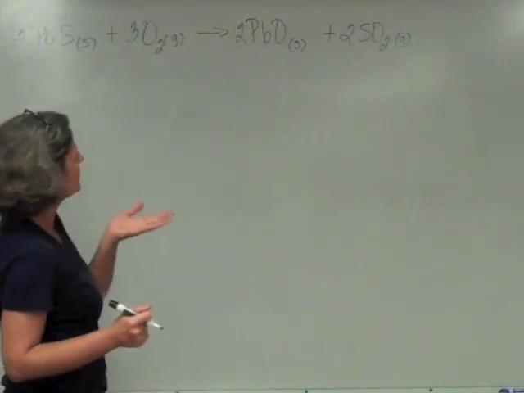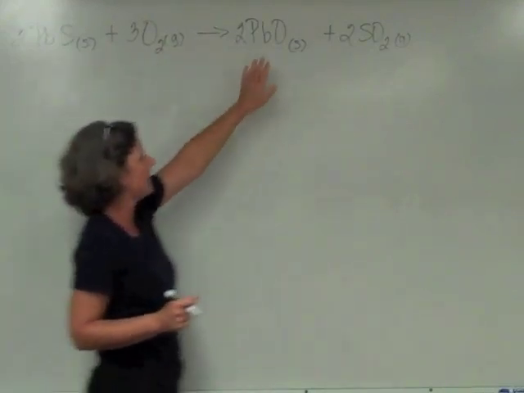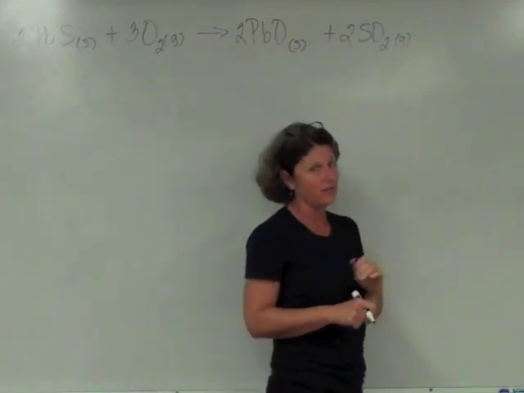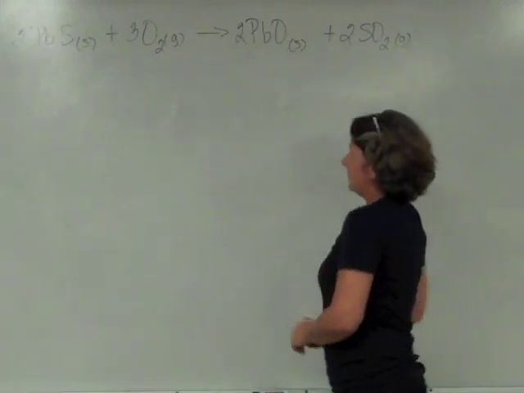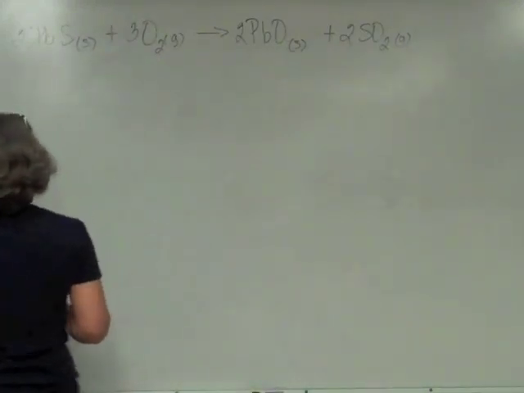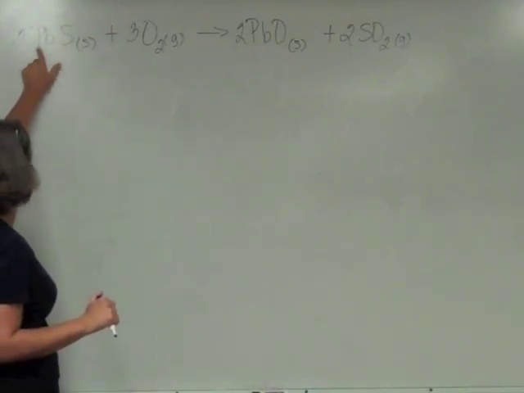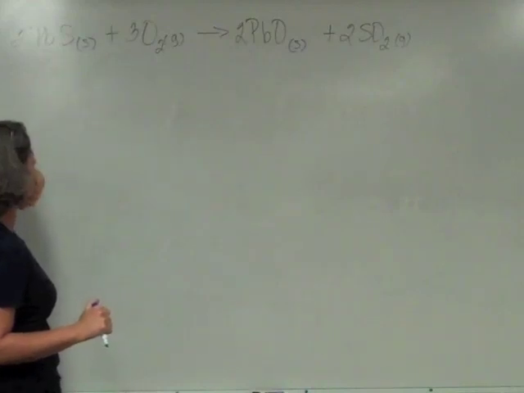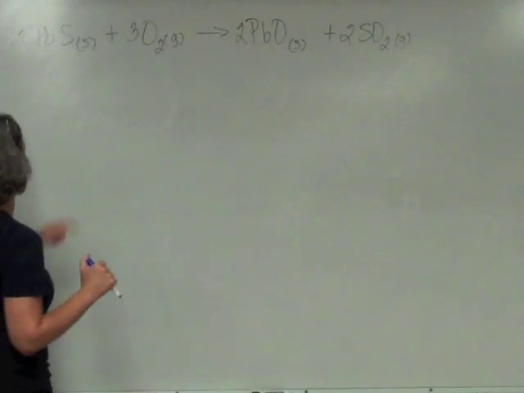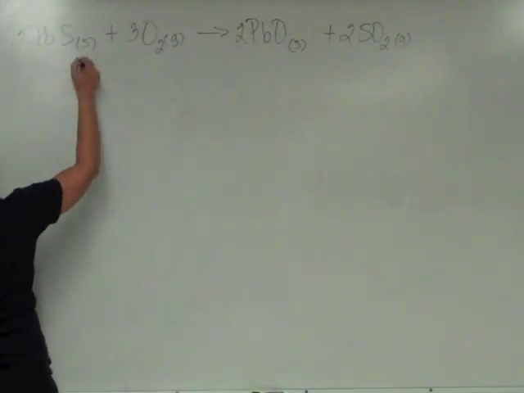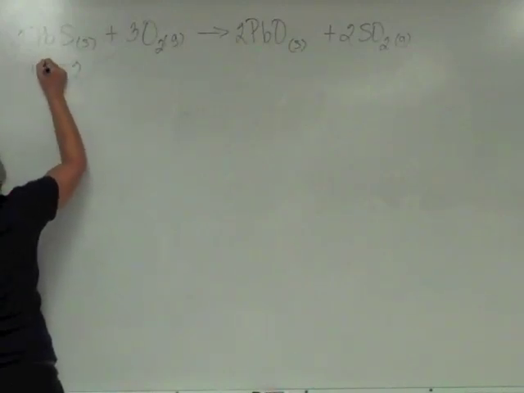So the first thing we have to do is determine oxidation states for all of the elements. Both of these, this is an ionic compound, and so the oxidation states are going to be the same as their ionic charge. So sulfur is a -2 and lead is a +2.